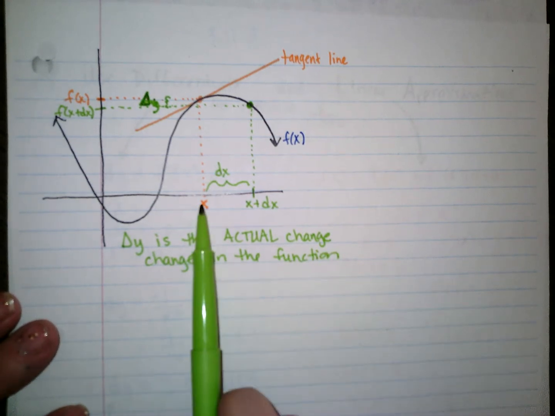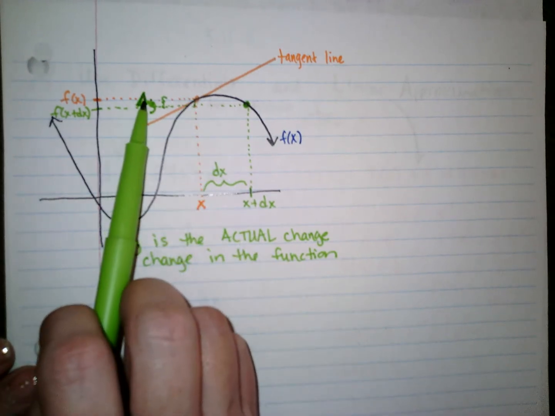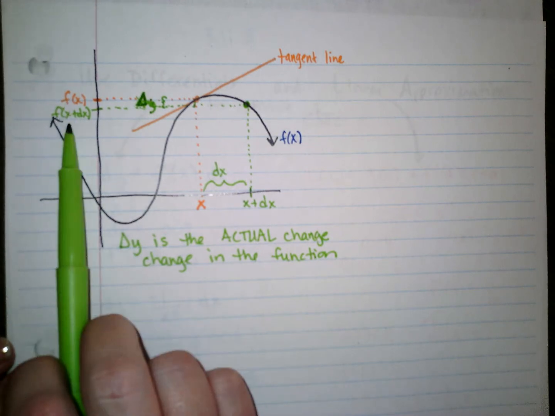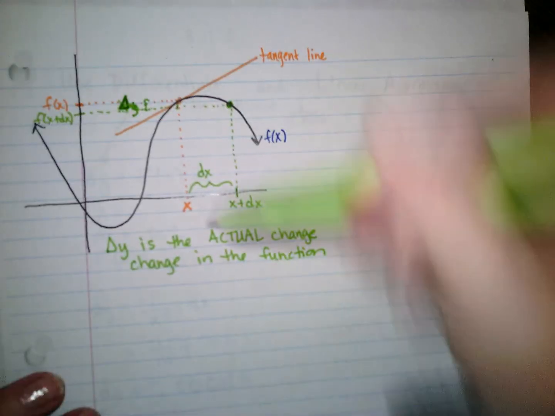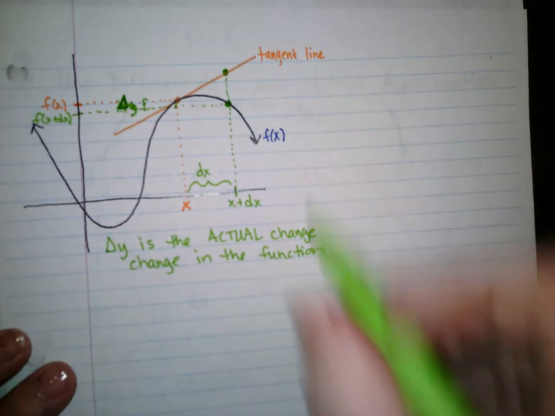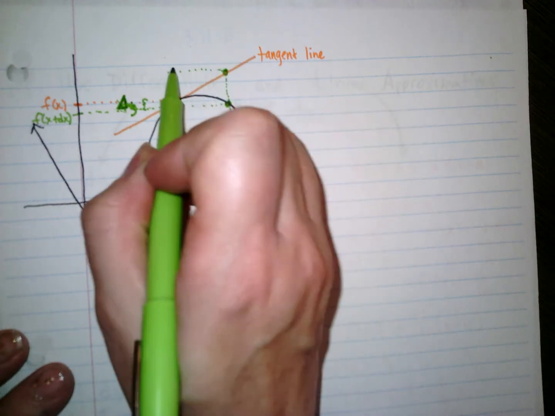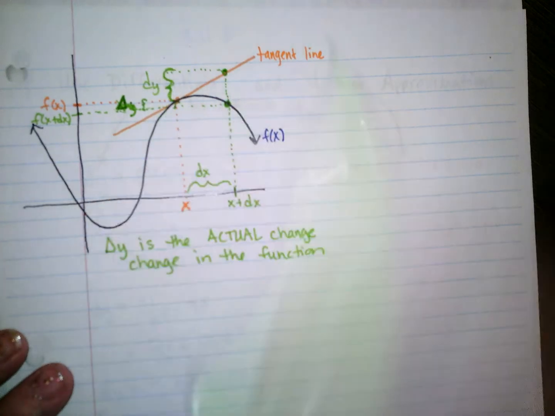So when I move from x to x plus delta x, I have a change in height of my function. That change in height is delta y, which is the difference between f of x and f of x plus dx. Now, dy is the change in y using the tangent line approximation. So if I follow x plus dx up to my tangent line, this distance between where I started from and here where I'm ending is dy.